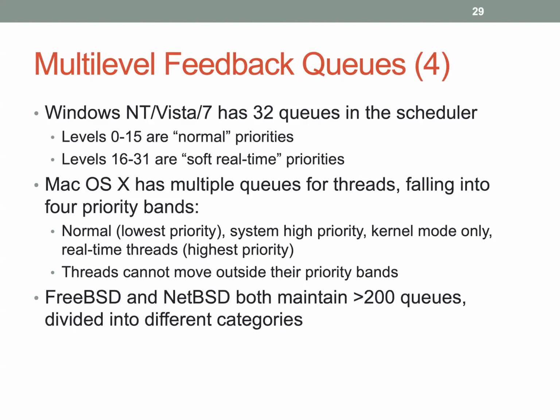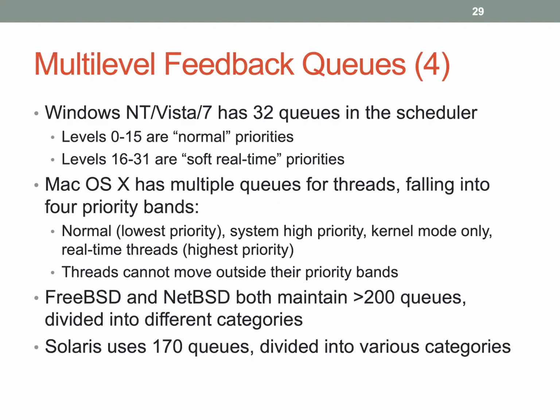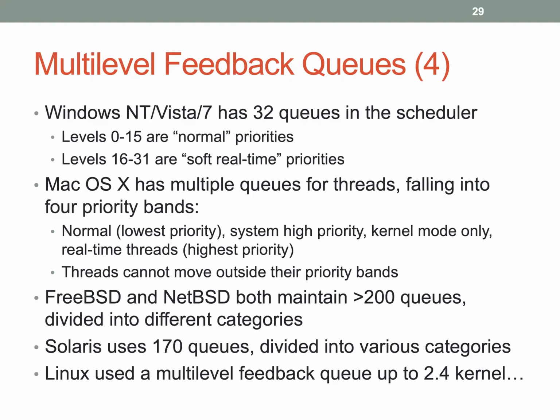Then you have BSD, which would have various numbers of queues, and Solaris, which is a very old operating system that I would be surprised if you knew about it, but it's what Sun Microsystems wrote for their computers. I don't know that it's used particularly heavily anymore, but it also used multi-level feedback queues. Okay. Linux used multi-level feedback queues up until the 2.4 kernel, but then it changed its approach to something else.